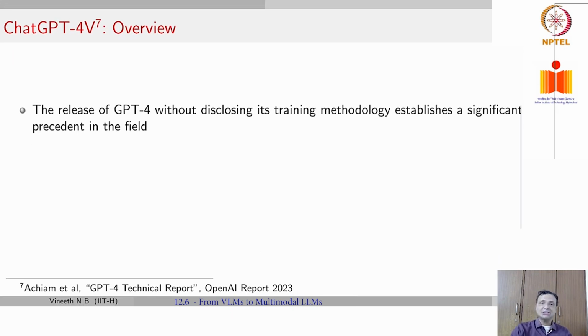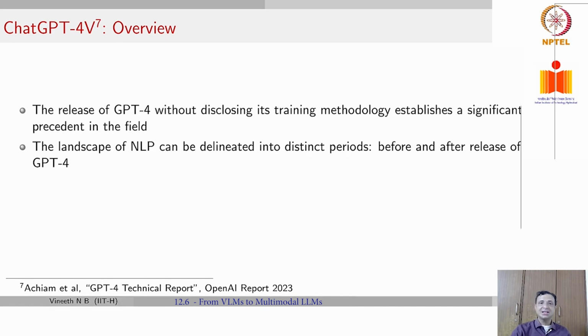Having said that, let's talk briefly about ChatGPT 4V and Gemini 1.5 to conclude this lecture. The release of GPT-4, because it did not disclose its training methodology, established a significant precedent.